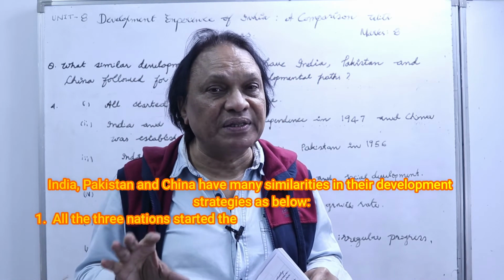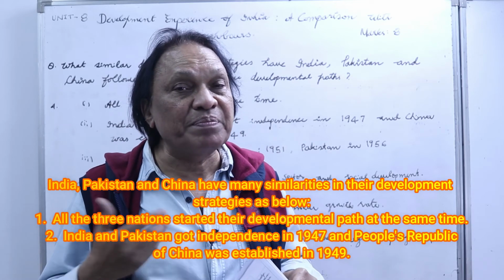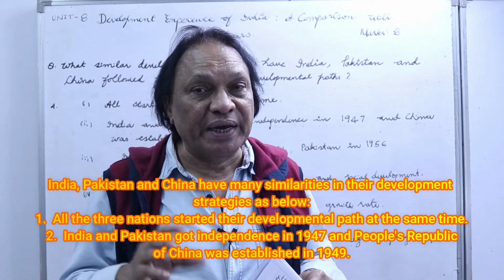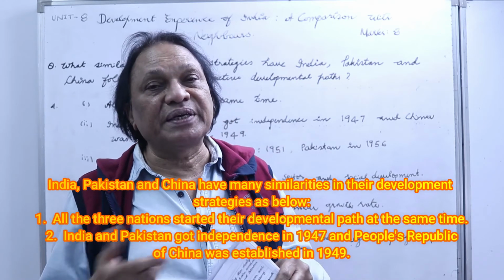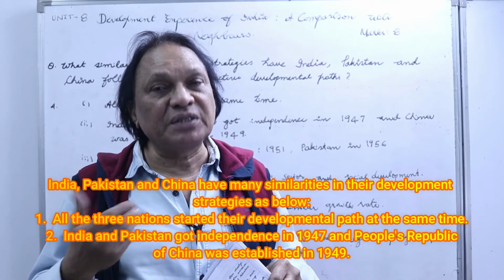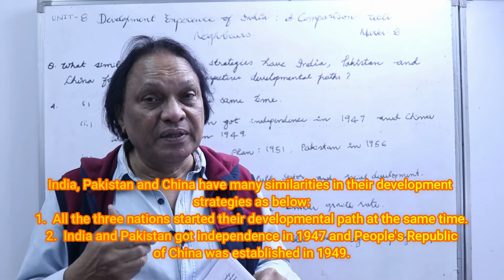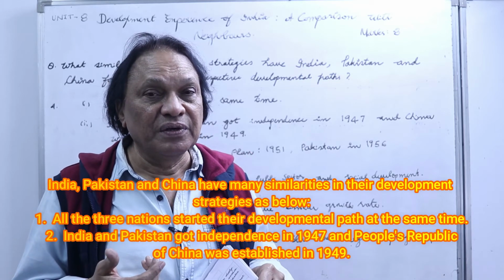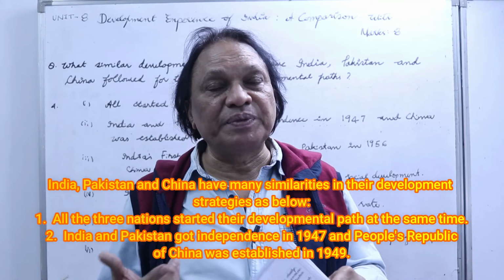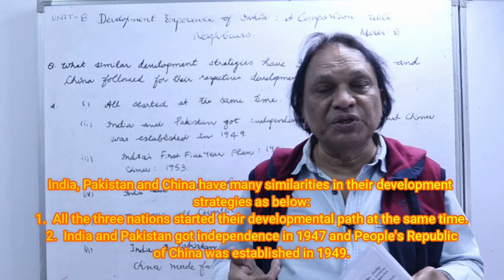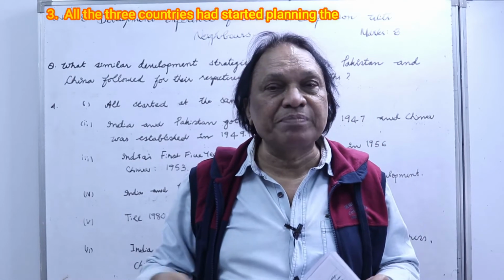India and Pakistan got independence in 1947, and China was established in 1948. They almost started their economic planning at the same time, and the 5-year plans they started have similar strategies and similar goals to develop their economies. But of course, China has developed much faster compared to India and Pakistan.